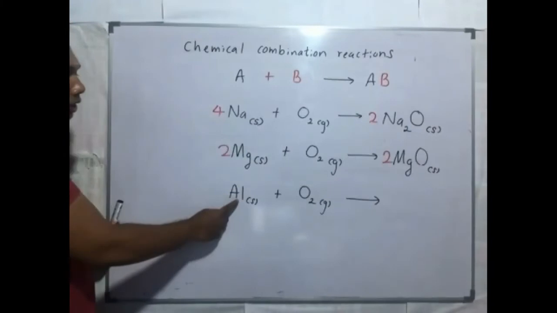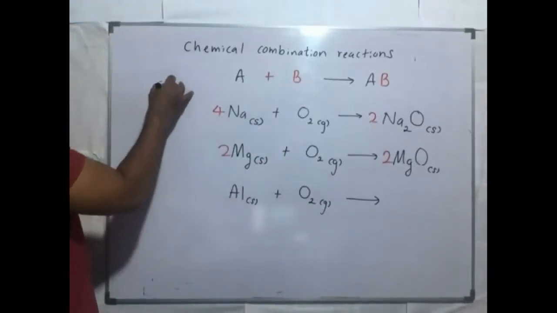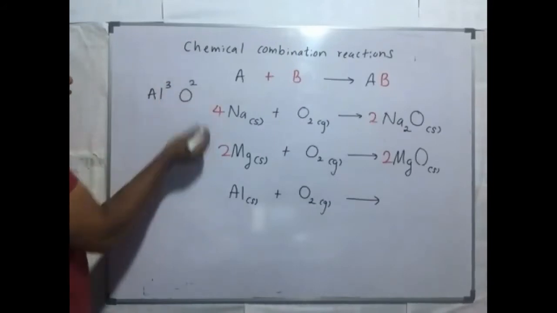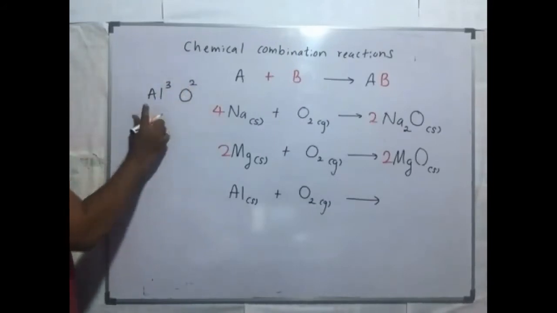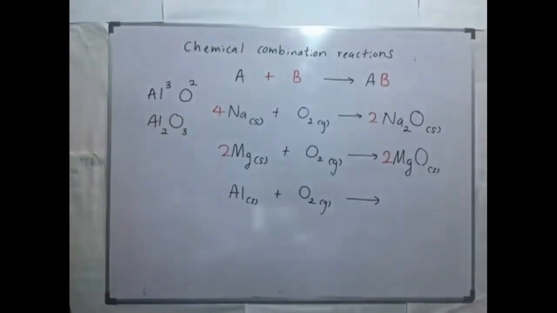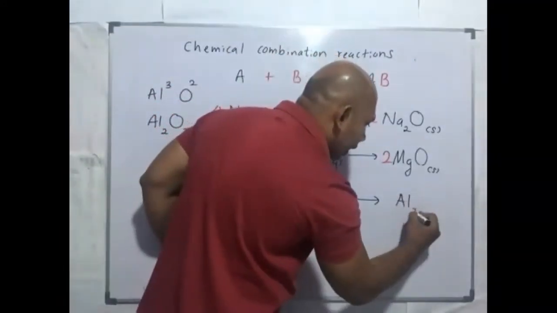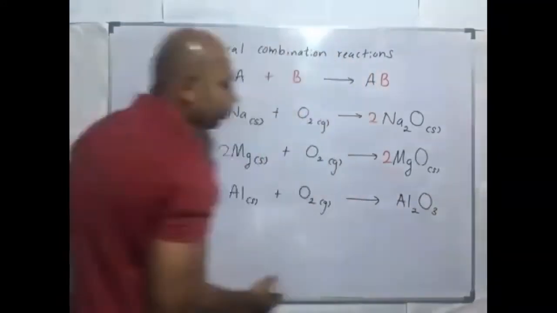Sorry, 3, because third group. Oxygen valency 2. Aluminum valency 3, oxygen valency 2. We need to exchange the valency. Al2O3. Then write the product aluminum oxide, Al2O3.